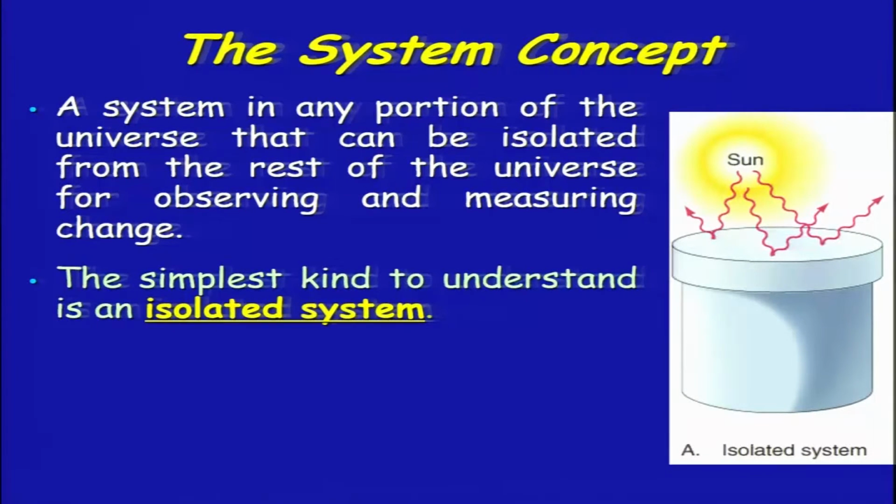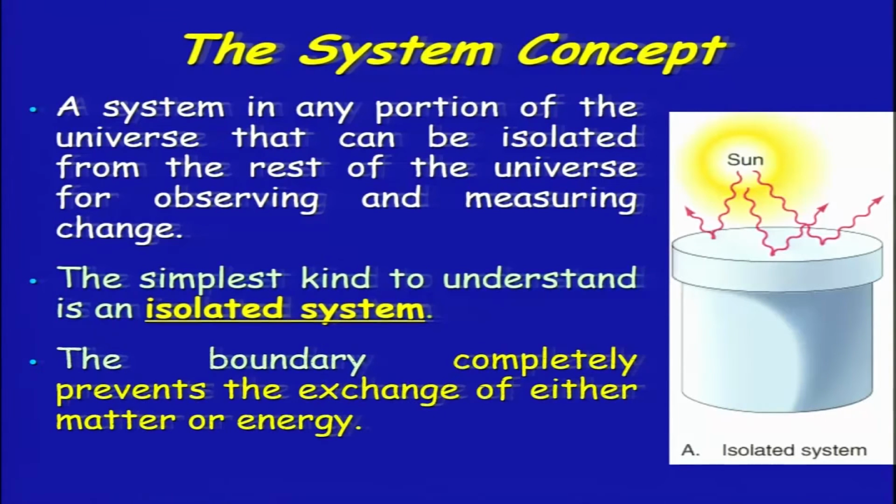The simplest kind to understand is one where the boundary completely prevents the exchange of either matter or energy. So, nothing can be exchanged. This type of system we term an isolated system.